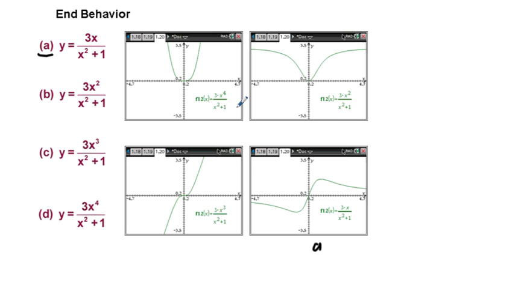So it's going to be this one right up here, the upper right corner, B. This one here, C, 3x cubed over x squared plus 1 is going to start low and end high. So that's going to be C down here. The last one, 3x to the fourth over x squared plus 1, is going to start high and end high, like this one. So again, these are some functions and their properties.